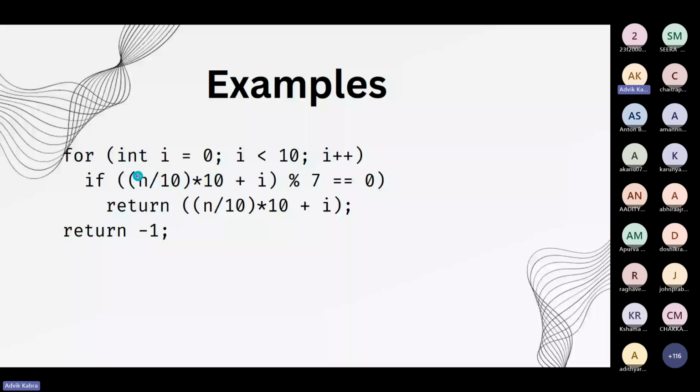So for checking the second last digit, you would use n by 100 times 100 plus i times 10 plus n mod 10. So n mod 10 gives the last digit, i times 10 will give the second last digit, and n by 100 times 100 will give the rest of the number. Divided by 11, check if the remainder is 0. If it is, then we found the number. If it's not, then you return -1.